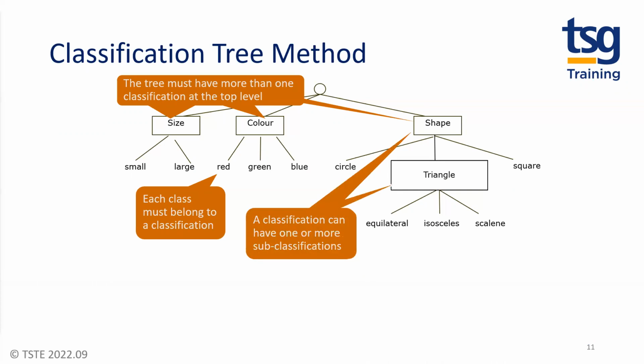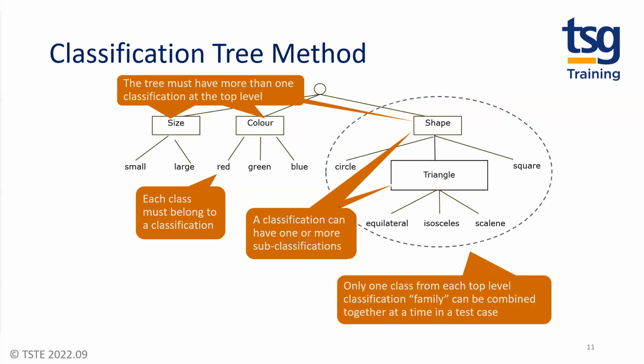But do you remember I was saying earlier about triangle being a subclassification of shape? And so now shape has the classes of circle, equilateral, isosceles, scalene, and square. And only one class from each top-level classification family can be combined.